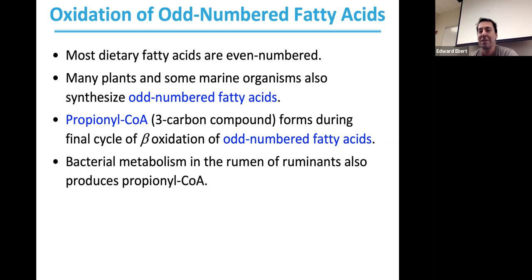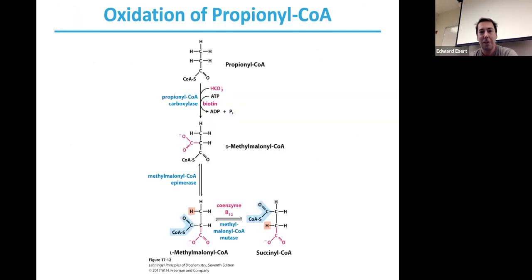We can also see this in various animals that chew their cud, like the water buffalo that we saw at the zoo, or deer, or cows. Okay, our propionyl-CoA is going to be oxidized in a slightly different way. All right, so we take our propionyl-CoA, and we have this lovely little propionyl-CoA carboxylase, which will add carbon dioxide to it.